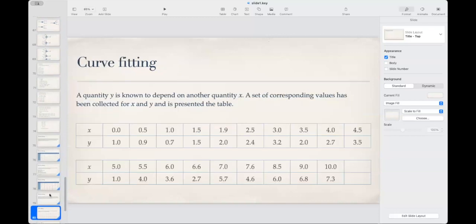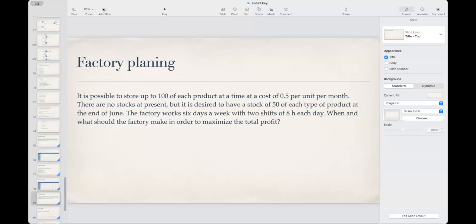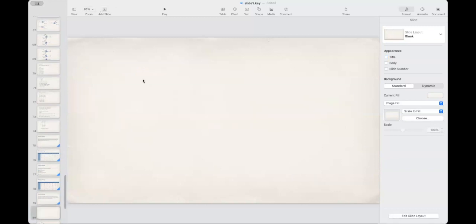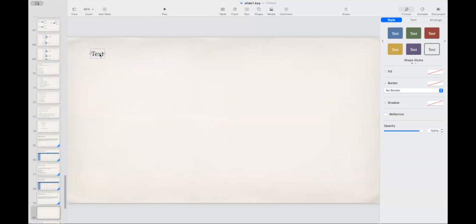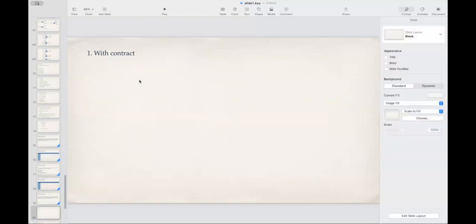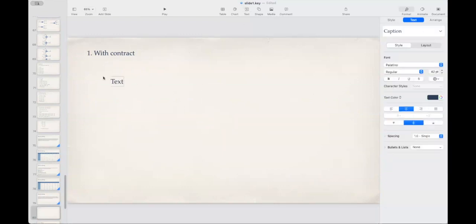Okay, for the first case, with contracts. In that case, of course, we try to maximize our profit.